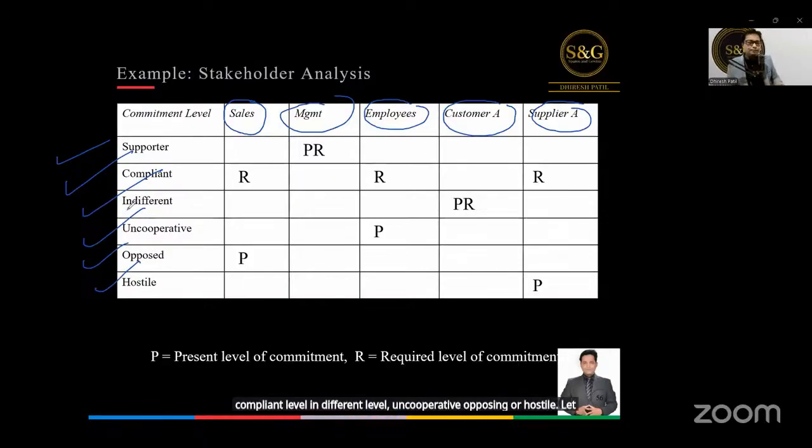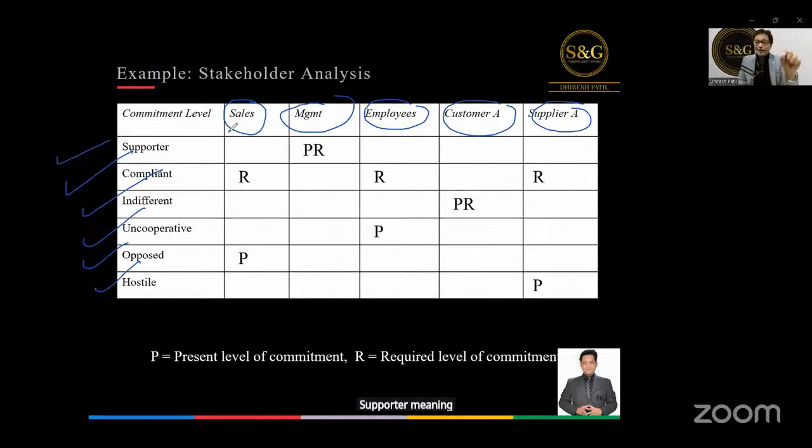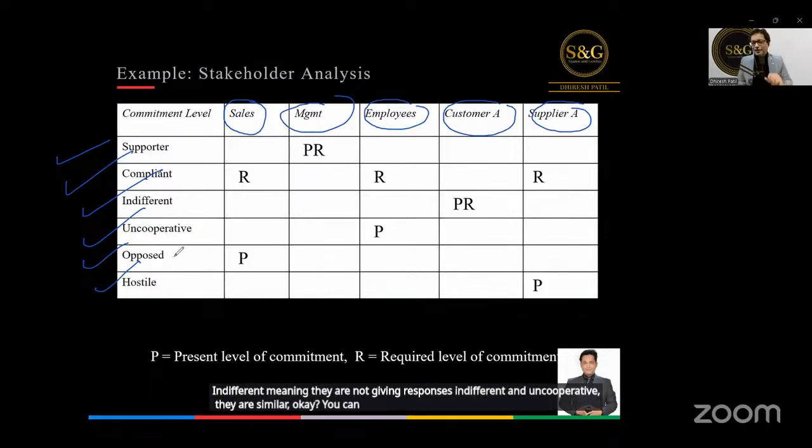Let me explain. Supporter means the team is supporting the project. Compliant means they are following and complying with the instructions. Indifferent means they are not giving responses. Indifferent and uncooperative are similar, so you can make one of them.